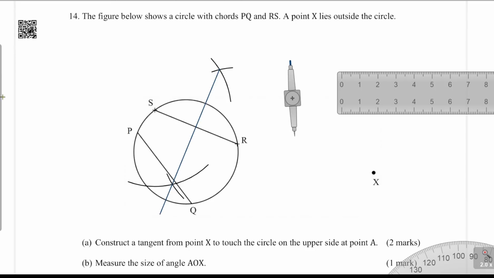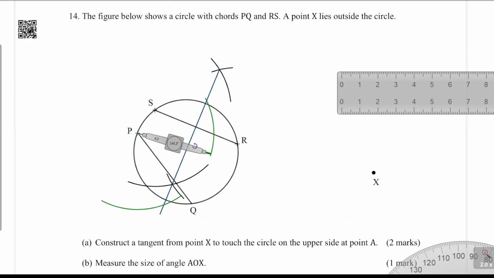Then you draw the perpendicular bisector of PQ. So to do that, stand at P, opening that one more than half of that line. Again you mark an arc here, an arc there, and then you also mark another arc there.